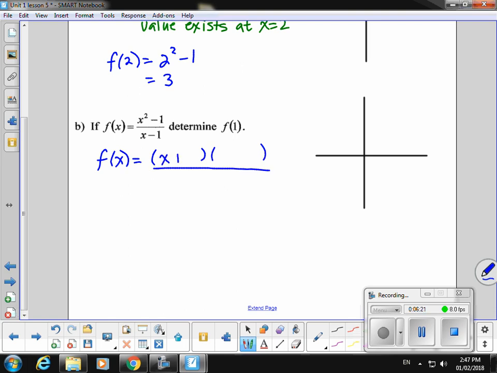Since this one is a difference of squares, visually it's going to look like x plus 1, where x cannot be 1. So I know that I have a hole. I do not have an asymptote. It looks like a line with a problem.